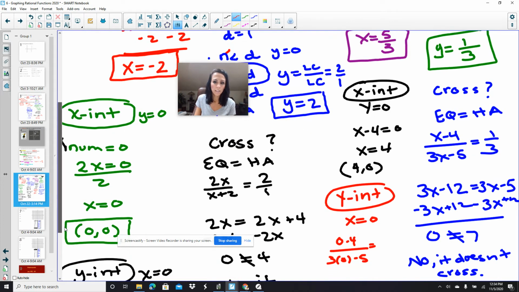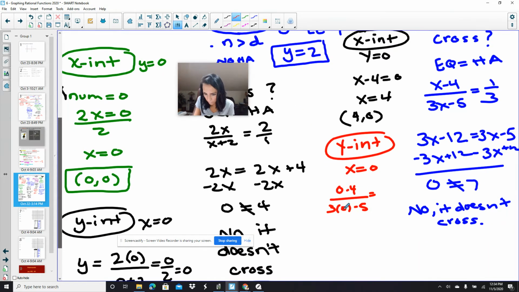That's going to be -4 over -5, so that's a 4/5. So when x is 0, y is 4/5, and that's my y-intercept. Let me just make sure I did that right. Okay, now for the fun.